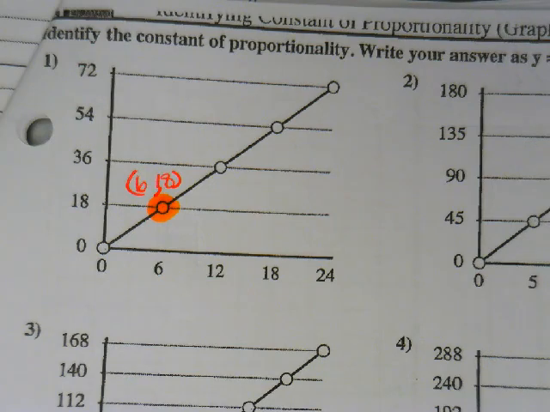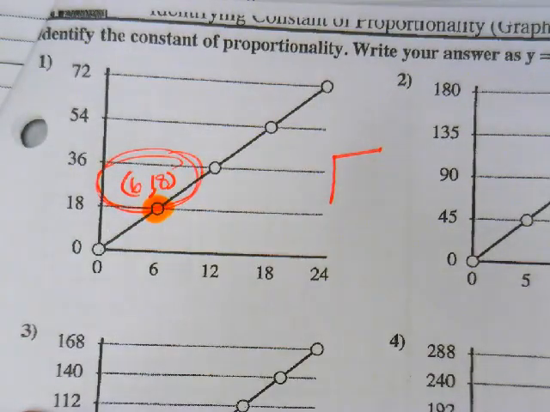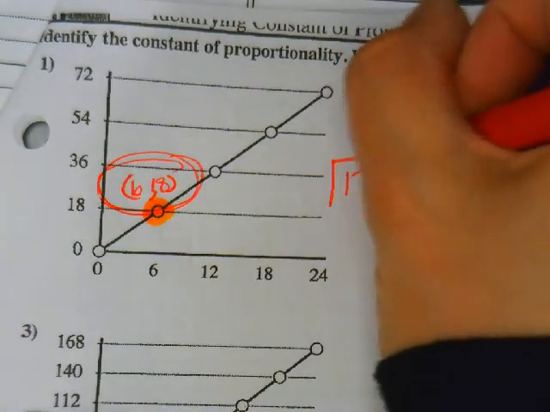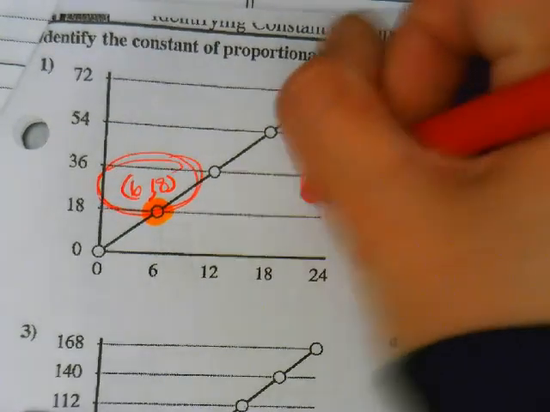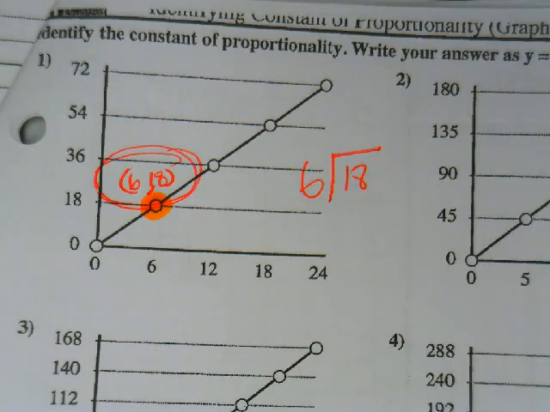Divide. Okay, I have to divide. What number goes inside? 18. What number goes outside? 6. All right, divide that.